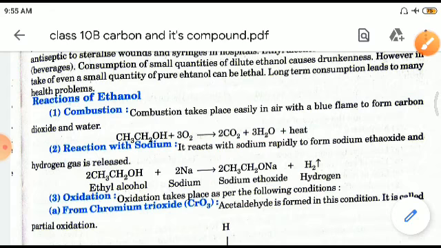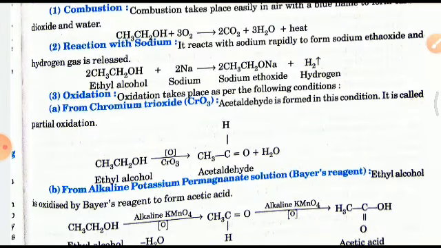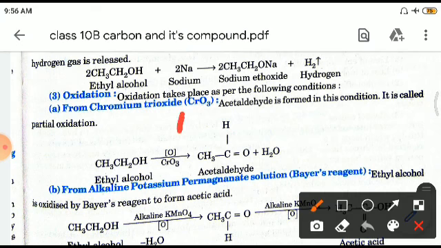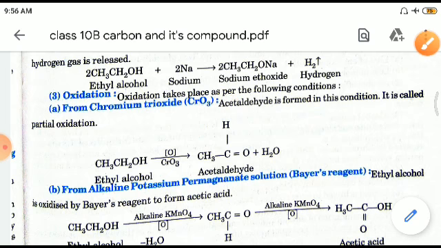With chromium trioxide, now see here, oxidation is occurring here, and in oxidation you all know there is removal of hydrogen, and there is a formation of acetaldehyde, or another name of acetaldehyde, you can call it as ethanal, right?